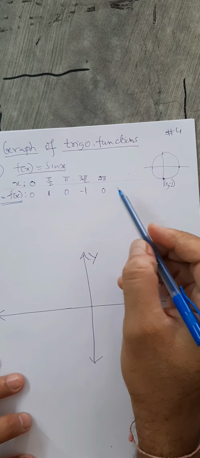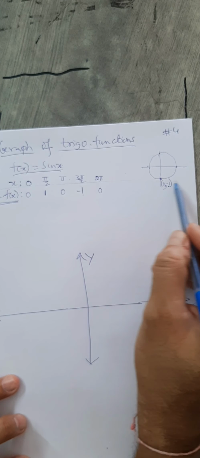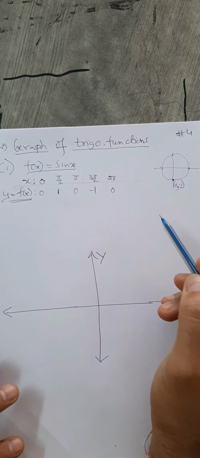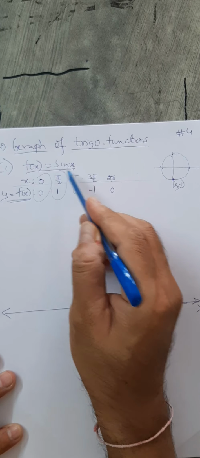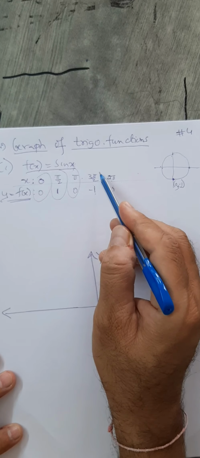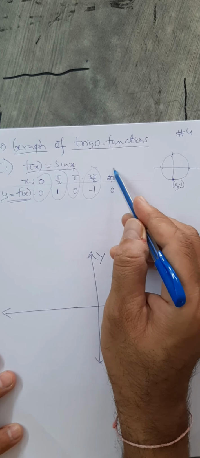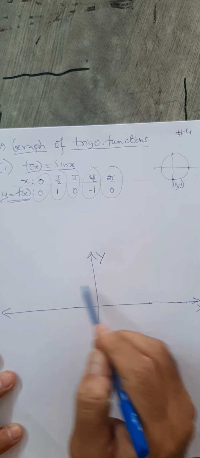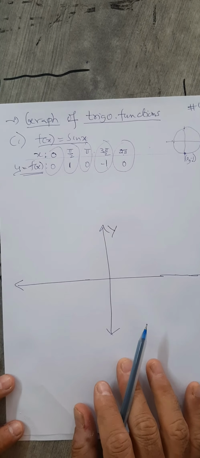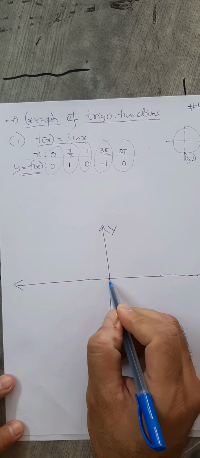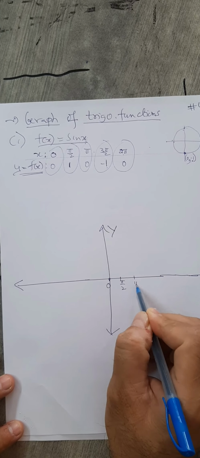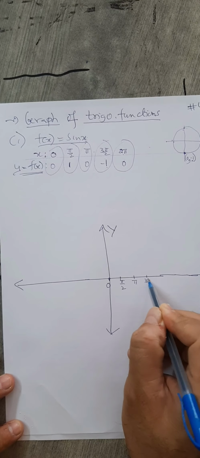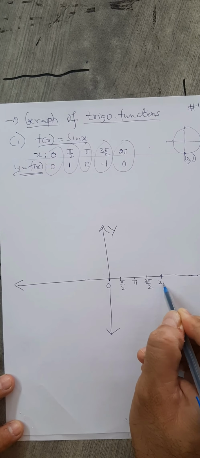Now you can take further values if you want. How do we draw the graph? We represent these points: 0, 0; pi by 2, 1; pi, 0; 3 pi by 2, minus 1; 2 pi, 0 in the Cartesian plane. Here I have 0, the origin. I'll show pi by 2 on the x-axis, pi, then 3 pi by 2, then 2 pi.